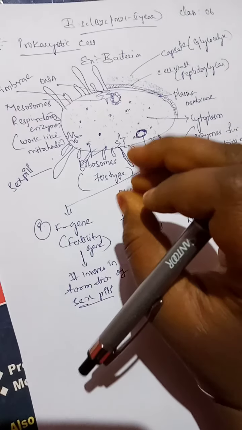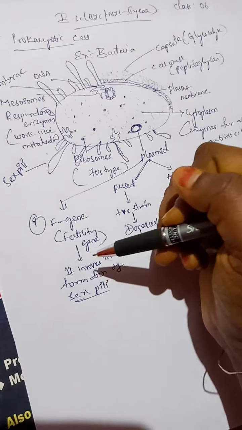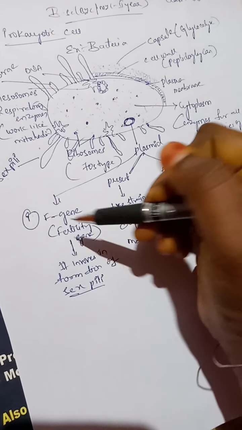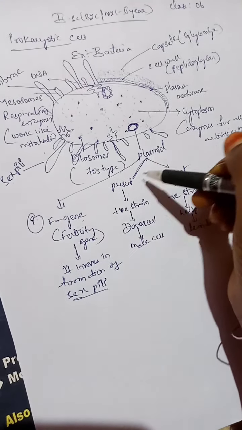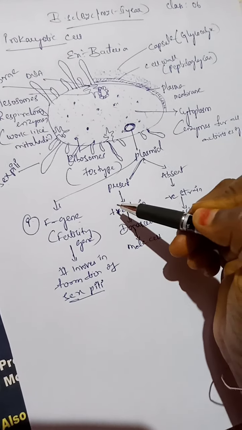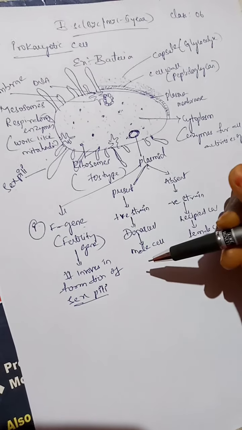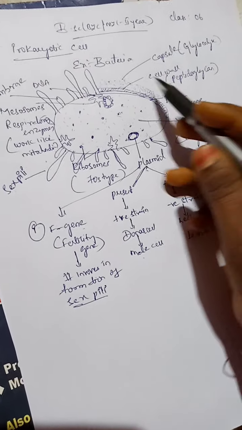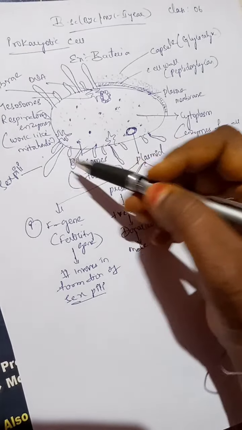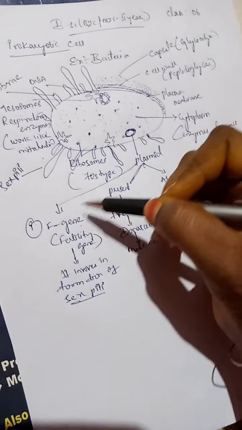That means the sex pili are formed by the F gene, which is present on the plasmid. A cell with the plasmid is called the donor cell or male. So the male bacterial cell will have the sex pili formed by the F gene.